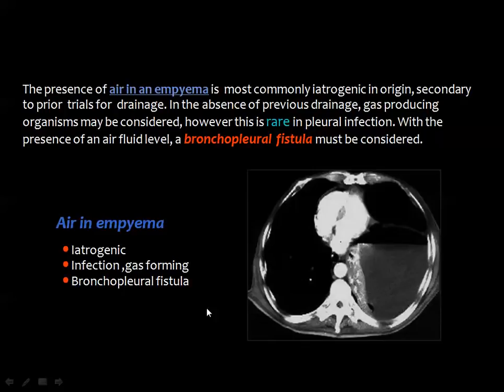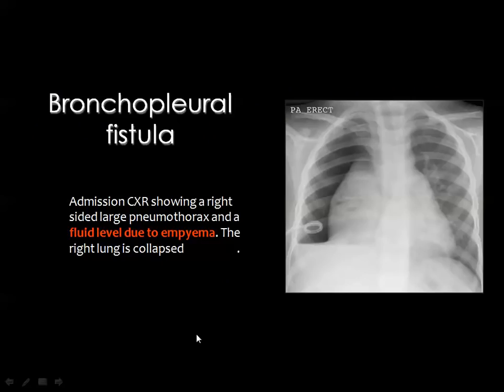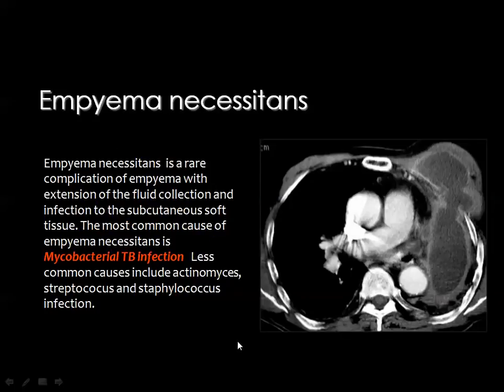In adults, if the iatrogenic cause has been excluded, think of bronchopleural fistula rather than infection with a gas-forming organism, which is considered rare. Then, if you have a pleural fluid with no previous interventional techniques and it has developed air inside, think of the possibility of bronchopleural fistula.